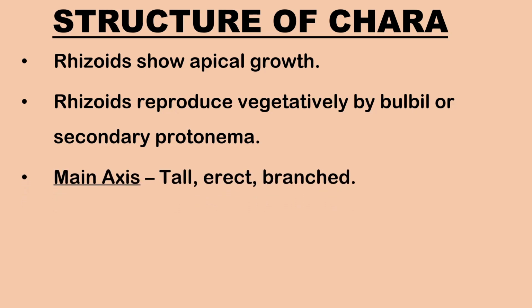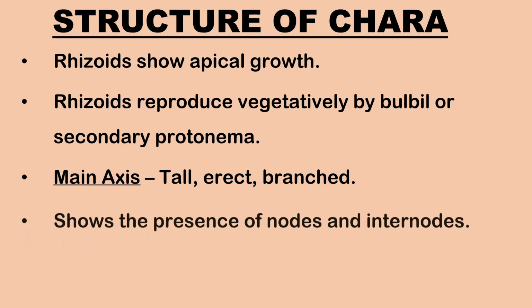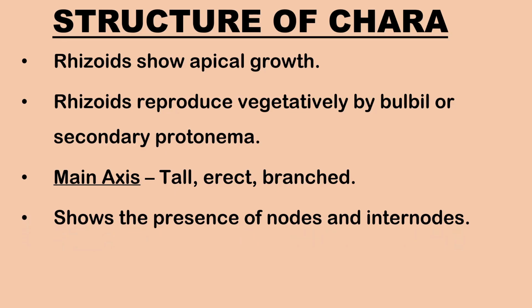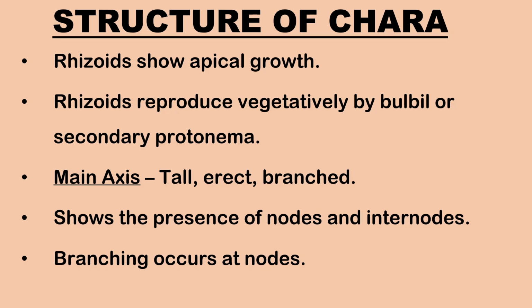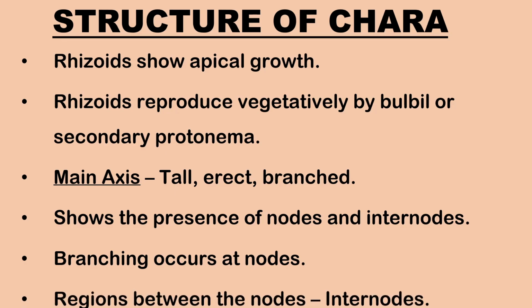The main axis is tall, erect, and branched. The branching system in Chara is very complex. The main axis shows the presence of nodes and internodes. Nodes are portions along the main axis where branching occurs. Internodes are regions between the nodes.